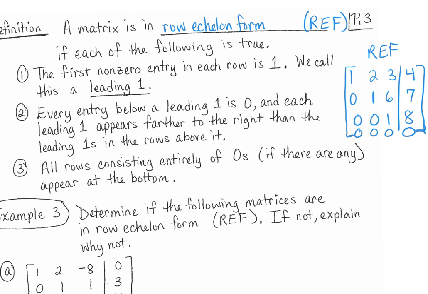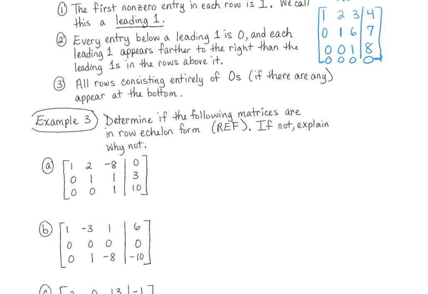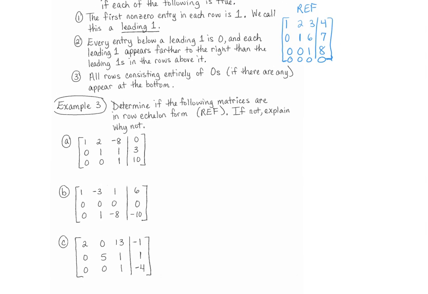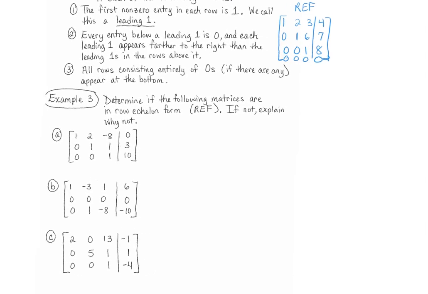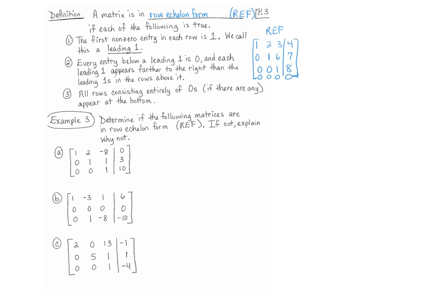We good? What questions do you have? Okay, so now I'm going to ask you to determine if the following matrices are in row echelon form. If not, explain why not. I'll give you 2 minutes.